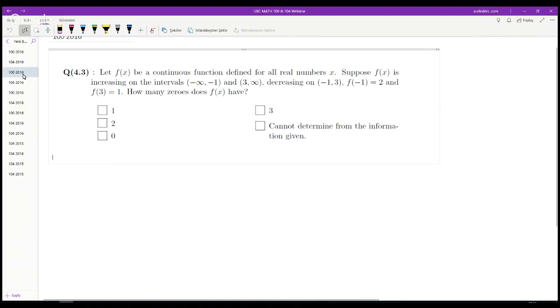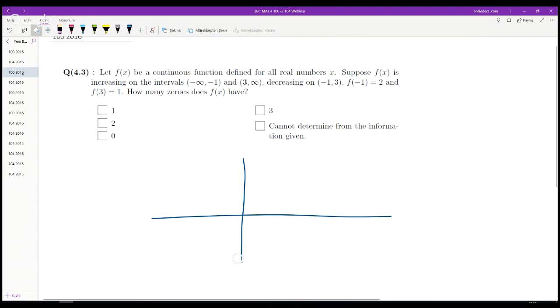And we are given that f(-1) equals 2 and f(3) equals 1. How many zeros does f(x) have? So let's just locate the given information. We have f(-1) equals 2. Here we have a point like that. And we have f(3) equals 1.